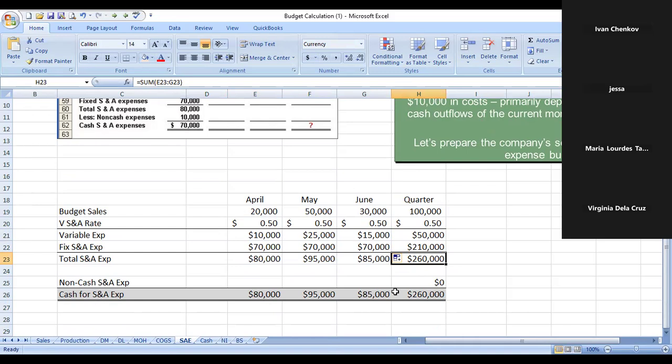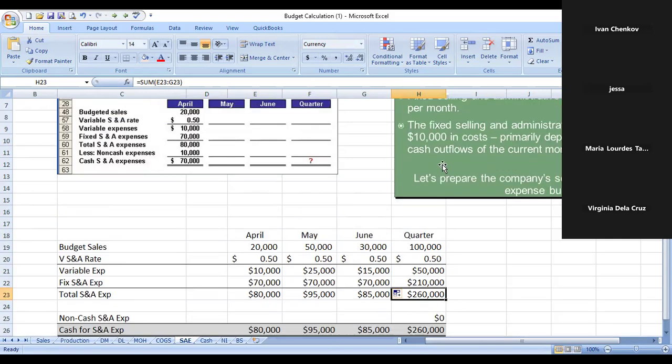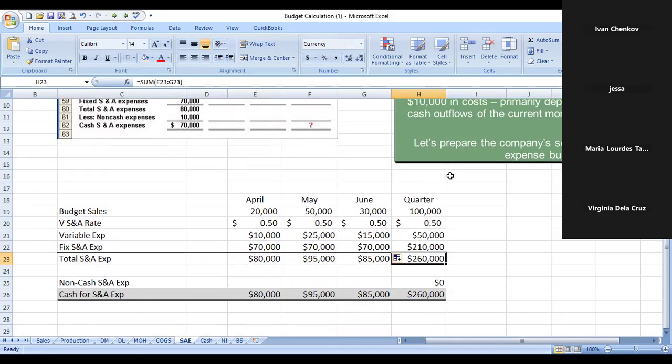Now, how much of that do we have to pay as cash? Well, we have to eliminate the depreciation because we're not paying cash for depreciation. So the $10,000 depreciation is part of the fixed sales administrative expenses, and the cash that we have to pay is only $230,000.